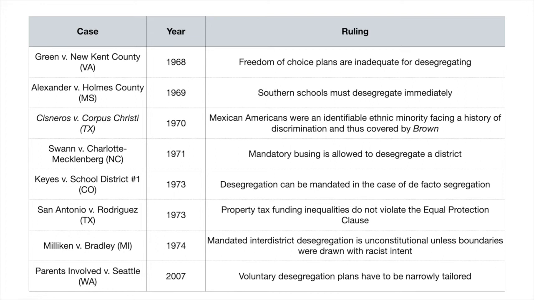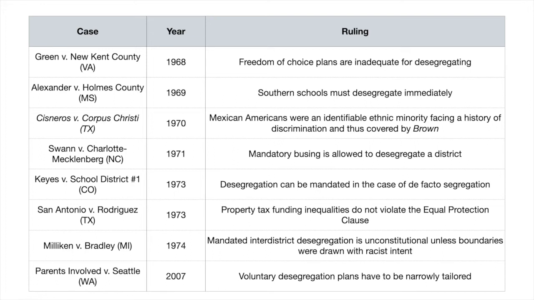The plaintiffs wanted to argue that property tax funding reinforced those inequalities and thus was unconstitutional, that property tax funding was like a proxy for segregation. In this case, the Supreme Court drew a line and they said no, it does not violate the Equal Protection Clause. Property tax funding is a completely legal and constitutional way to fund schools. It just so happens that funding will be really unequal.